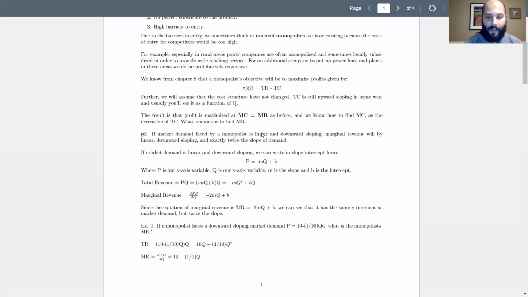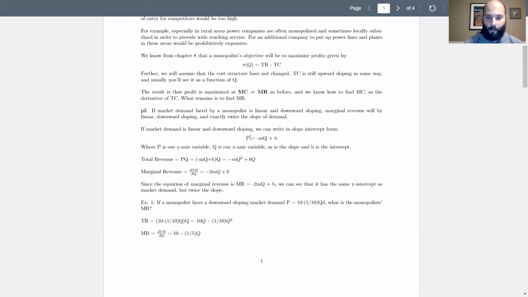All right, what we're going to say is that as long as market demand for the monopolist is linear and downward sloping, which we're assuming it is, the monopolist's marginal revenue will have the same y-intercept and twice the slope as demand. So to show this, I have a general proof.